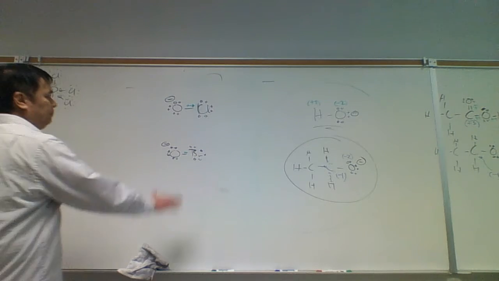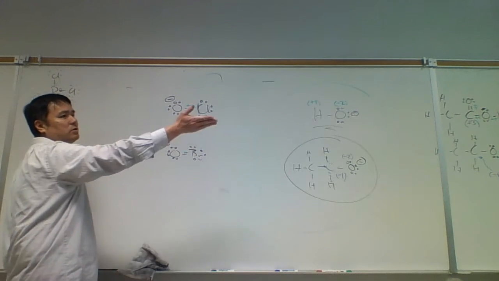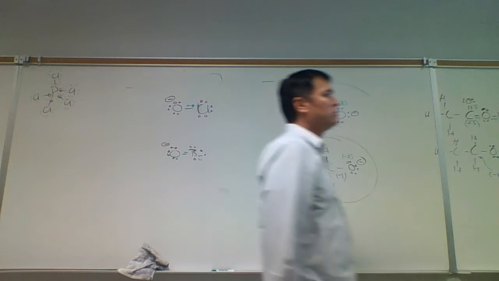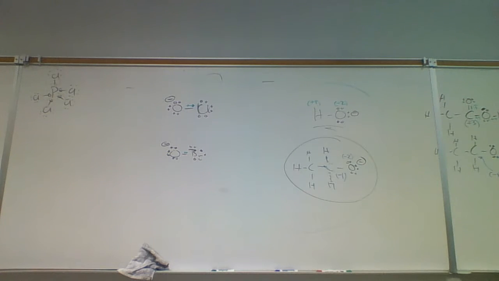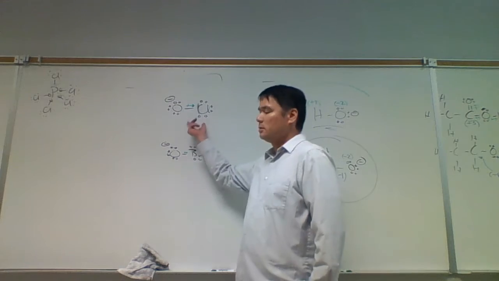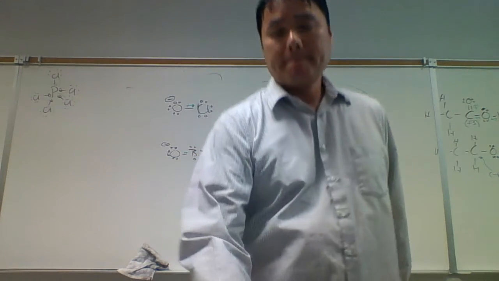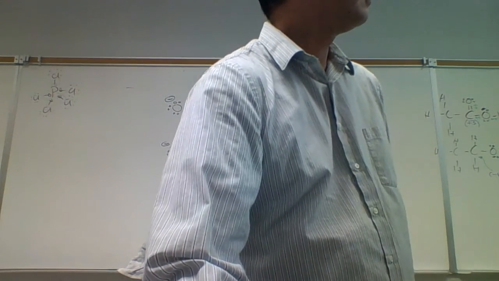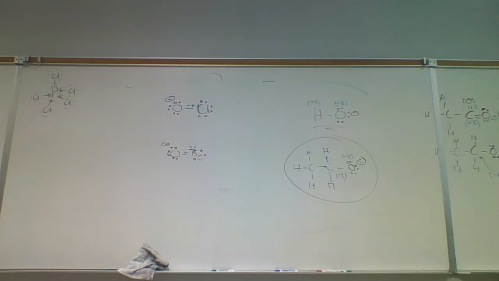And so that means hypochlorous acid should be a stronger acid on all three counts: polarity, stability of the conjugate base, and dissolving in water. Stability in water. So those are some of the concepts that we covered. And then we're going to have more applications as we go along.